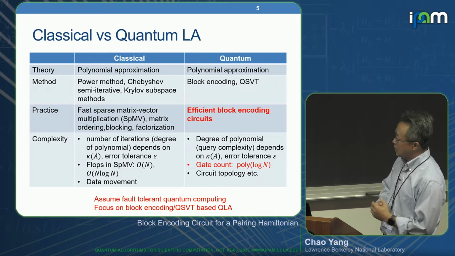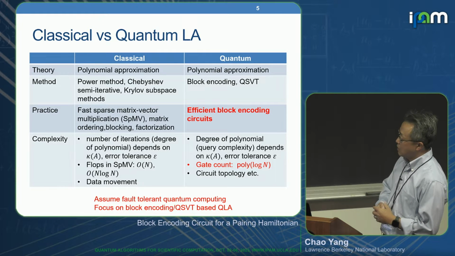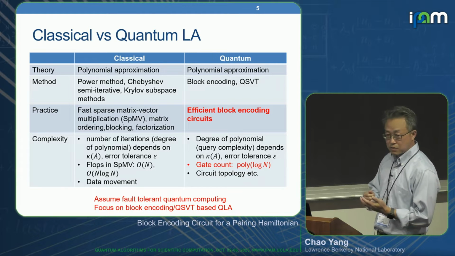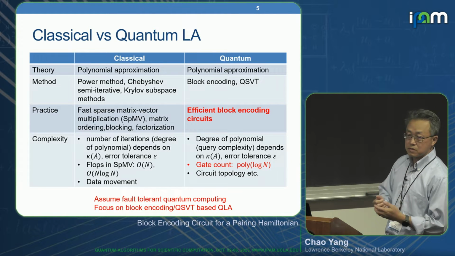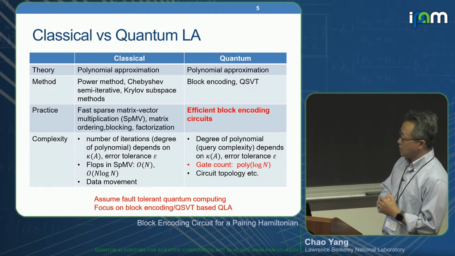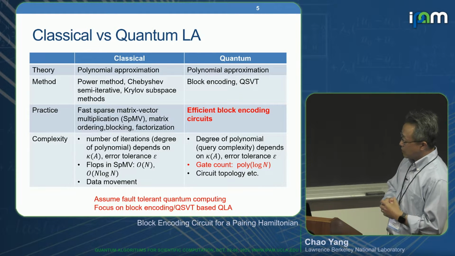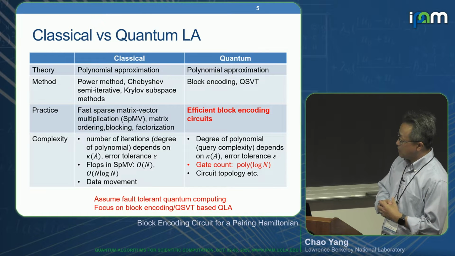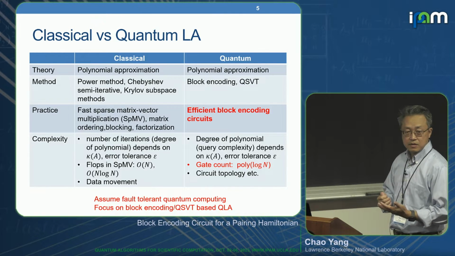In the quantum world, the degree of the polynomial gives you the query complexity. That also depends on the condition number of A and error tolerance. This is very similar to the classical world. And then in terms of cost per iteration, gate count is the metric, right?